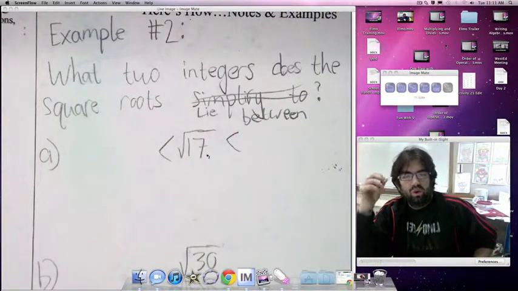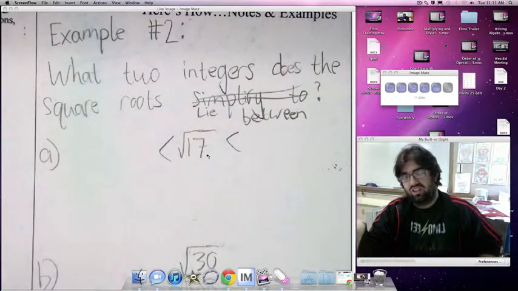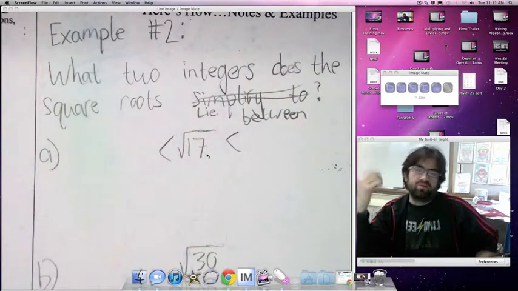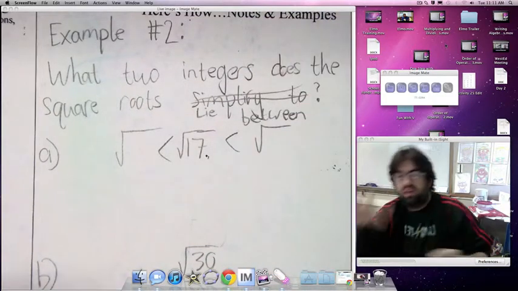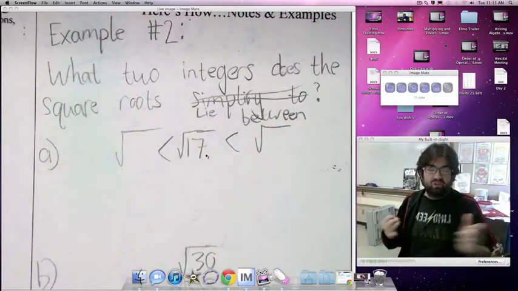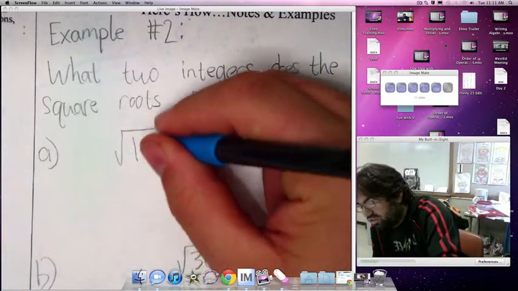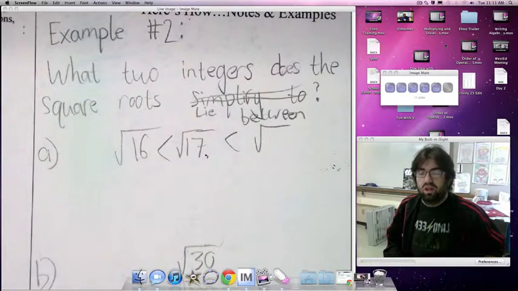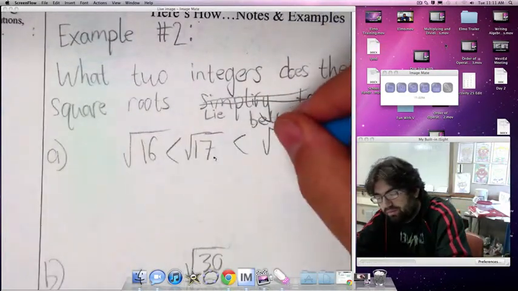They're asking, what are the two closest integers that this square root of 17 is near? Well, my first thing is this. What perfect squares is it between? Well, 16 is a perfect square. The square root of 16 is 4, so 16 is a great number to use. What's the next one up after 16? 25.